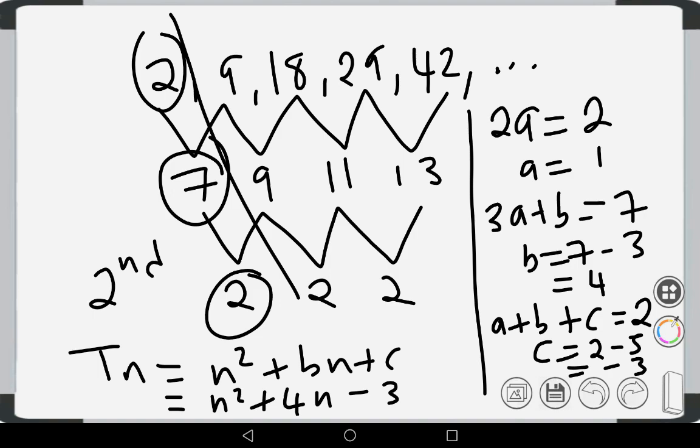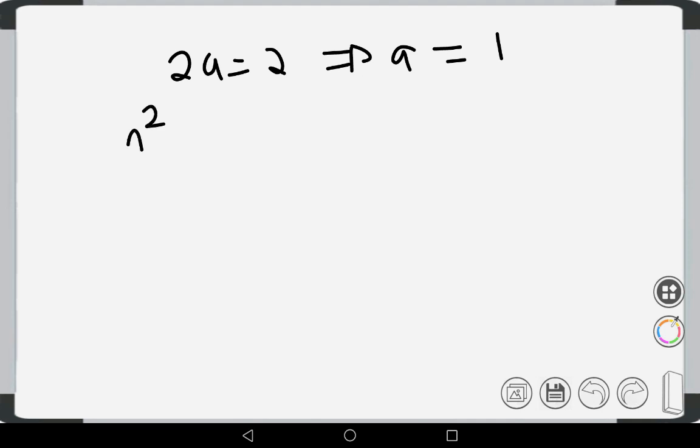You can do it in many ways. The second way is more complicated, but let me show you how to do it. First, 2a equals 2, which implies that a equals 1. Then we use T1, which in the sequence was 2.